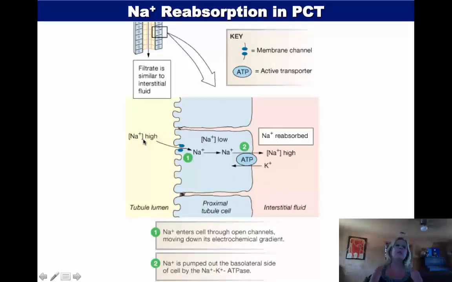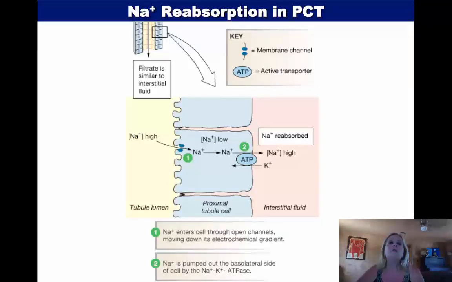Now, when filtration occurs, we know that water is being pushed out of the glomerular capillaries, and with that water, certain things like sodium, glucose, amino acids, certain vitamins, bicarbonate, and waste products, of course, are all being filtered out as well.